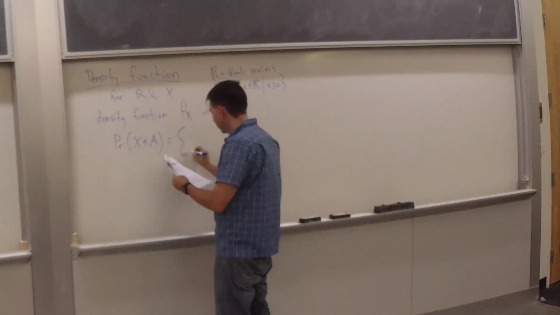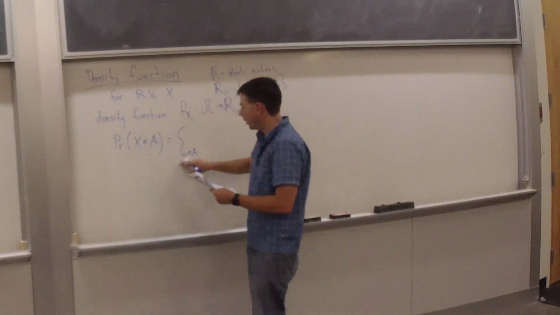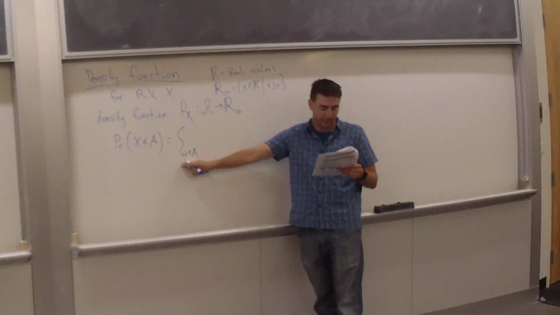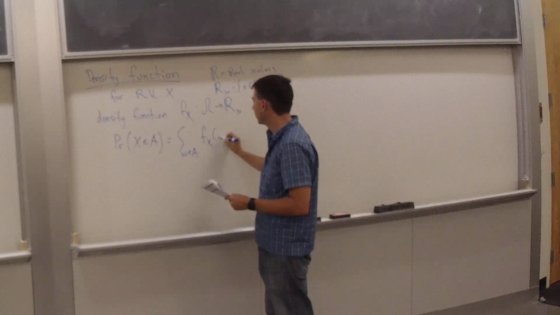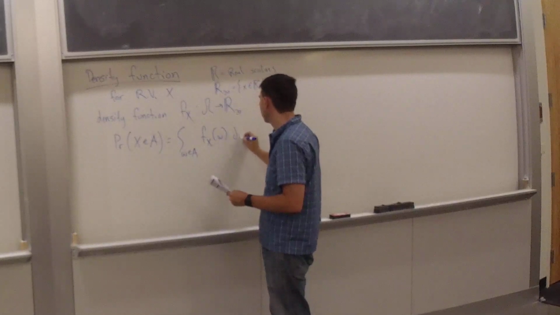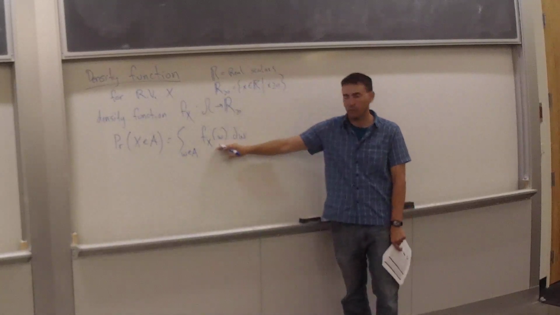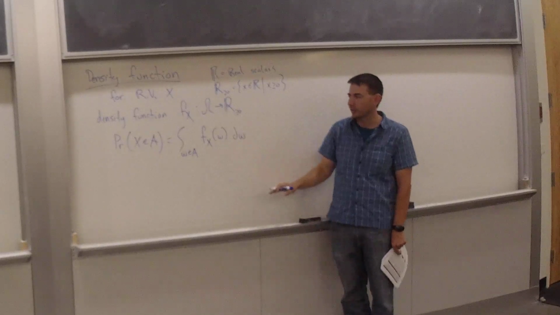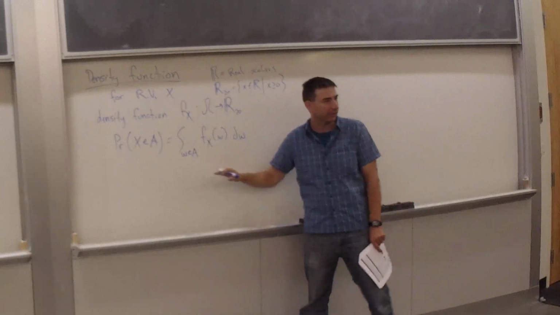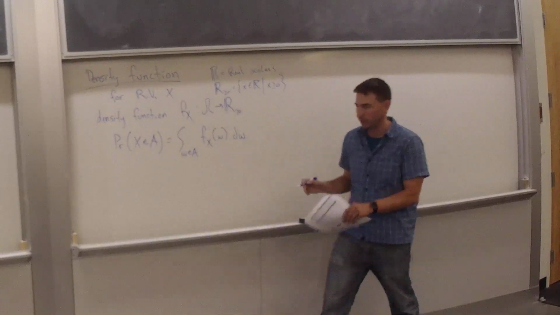So for all the possible outcomes in this event, I'm going to integrate over those values. I can define the probability in a continuous space as an integral.